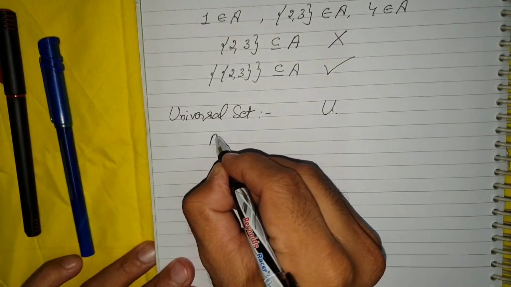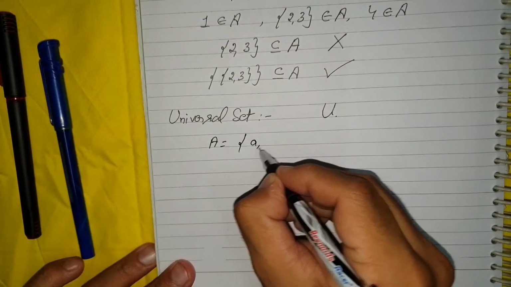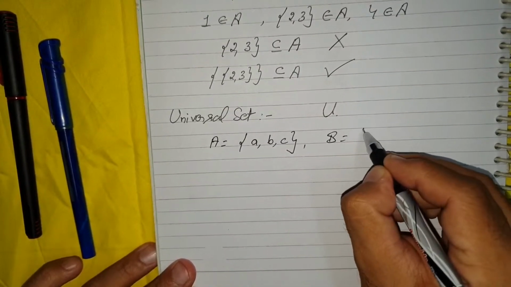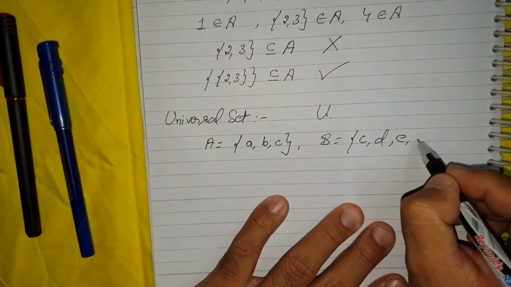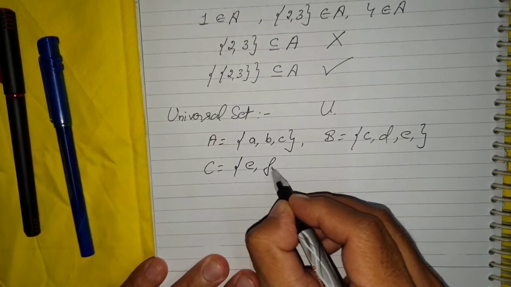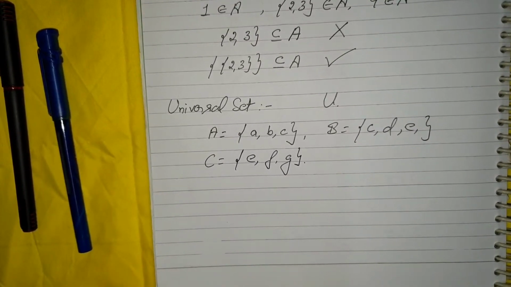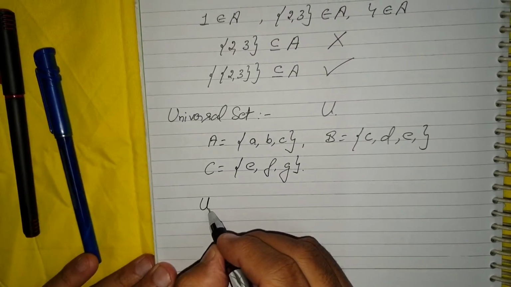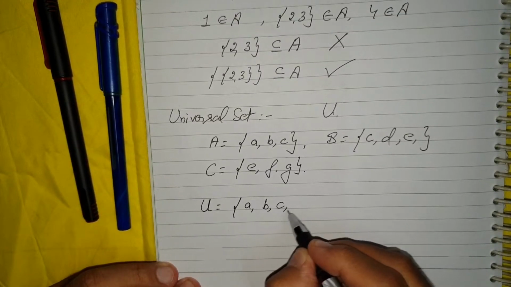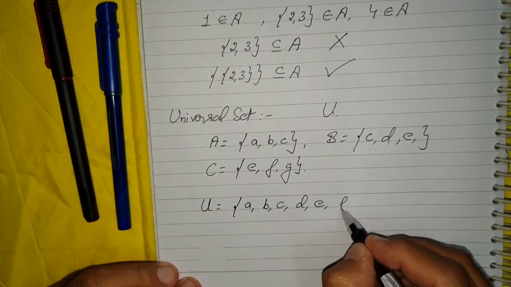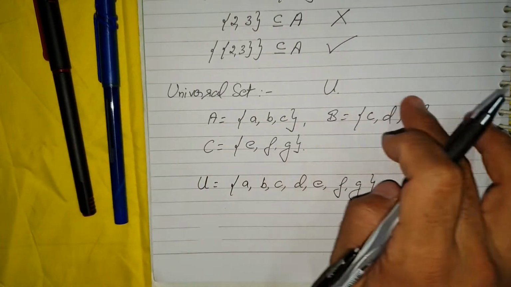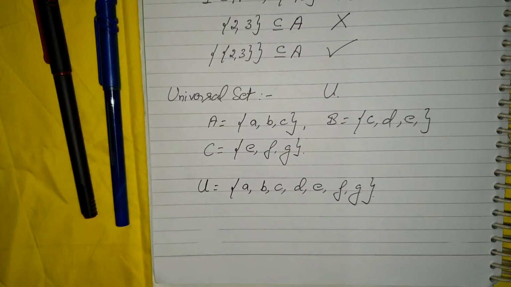Consider A as {a, b, c}, set B as {c, d, e}, and C as {e, f, g}. Now the universal set will be {a, b, c, d, e, f, g}.